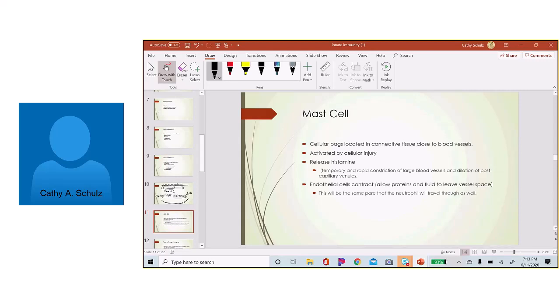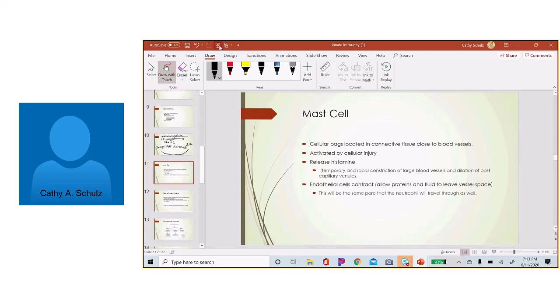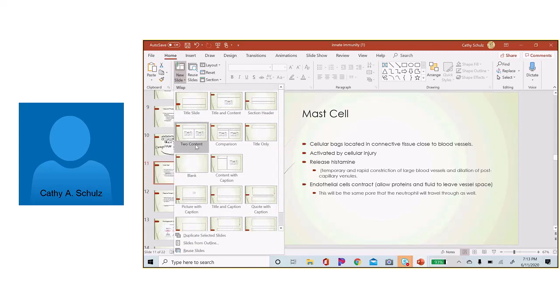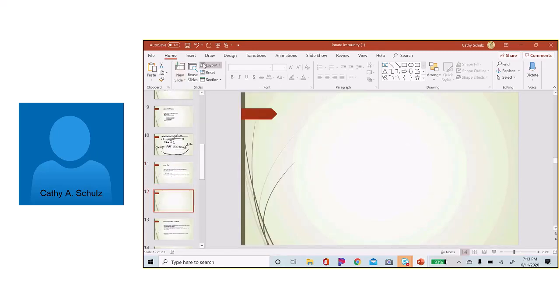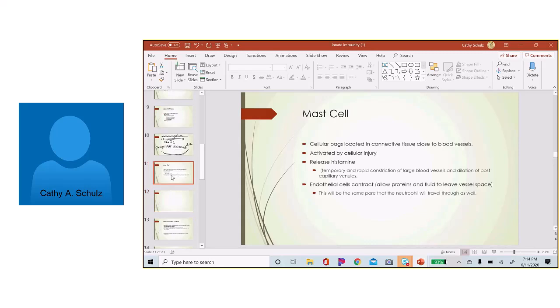The other thing that the mast cells do is cause endothelial cell contraction. Last class, when we talked about the types of edema, we focused on the types related to things that favored filtration, like an increase in hydrostatic pressure or a decrease in oncotic pressure. In this setting, we're going to have an increase in filtration of fluids because we're actually changing the vessels themselves.